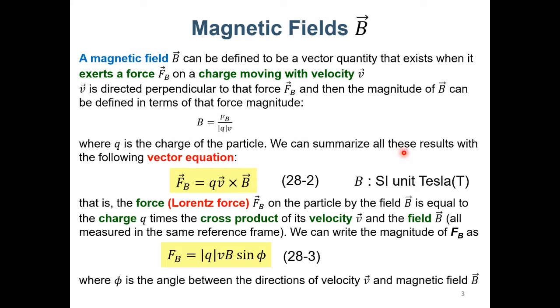And we can summarize all this result with the following vector equation. Writing it in vector form is smarter. So here we have the vector Fb equals Q v cross B. B has the SI unit of Tesla, the one who competed with Edison.